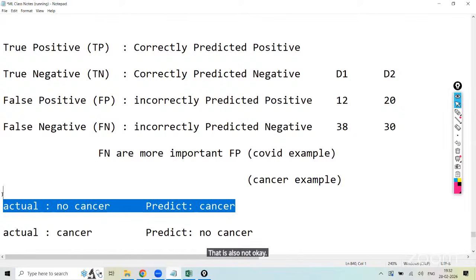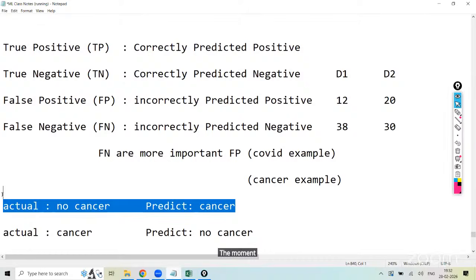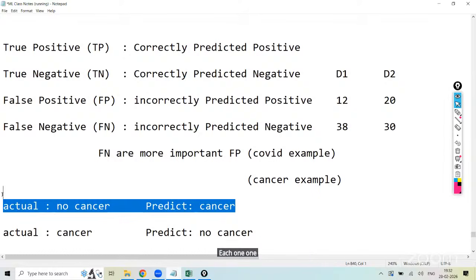Cancer tablets are not like Dolo 650 to take every day. The moment we eat one tablet, it reduces the lifespan by 2 days. The moment you go to chemotherapy or radiotherapy, once the radiations are passed into the body, automatically the lifespan will be reduced by certain months. That is not like an MRI scan.